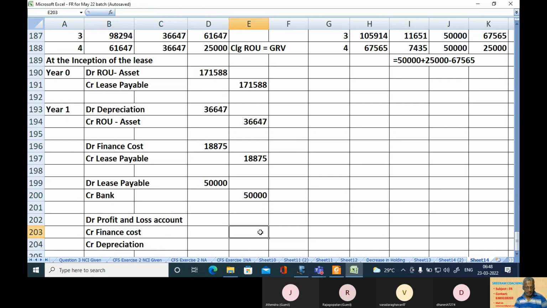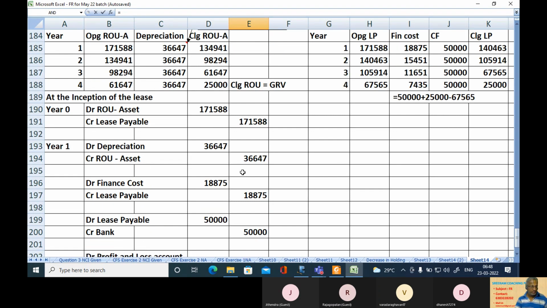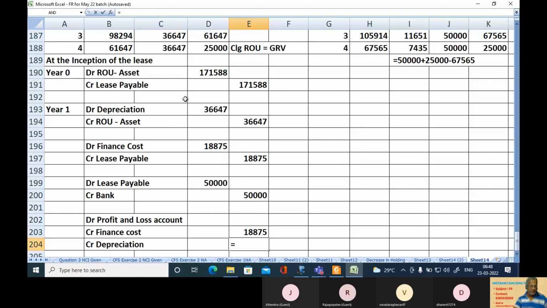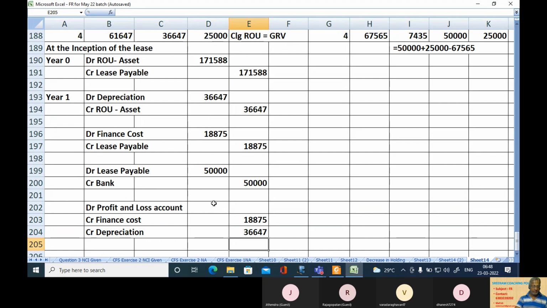So finance cost, this. Depreciation is this. Then equal to sum of the two. Now this is the scheme of journal entry for each of the years that we got to try.